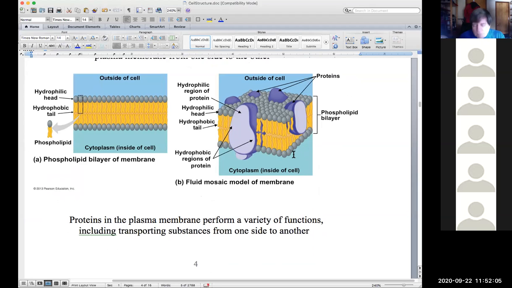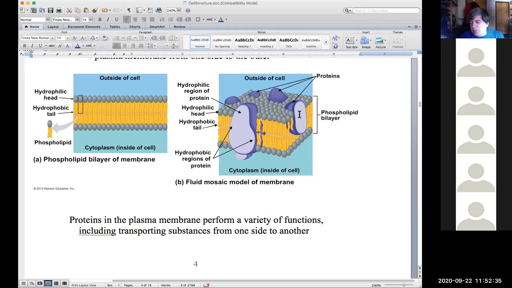Some of the proteins actually kind of float on the surface of the outer layer or on the surface of the inner layer. If we look at the proteins in the plasma membrane, notice that the proteins have a similar chemistry to the phospholipids. If we look at the parts of the proteins that are out on the edge, all these sections sticking out, these are parts of the proteins that have mostly polar or ionic R groups, and they're hydrophilic.